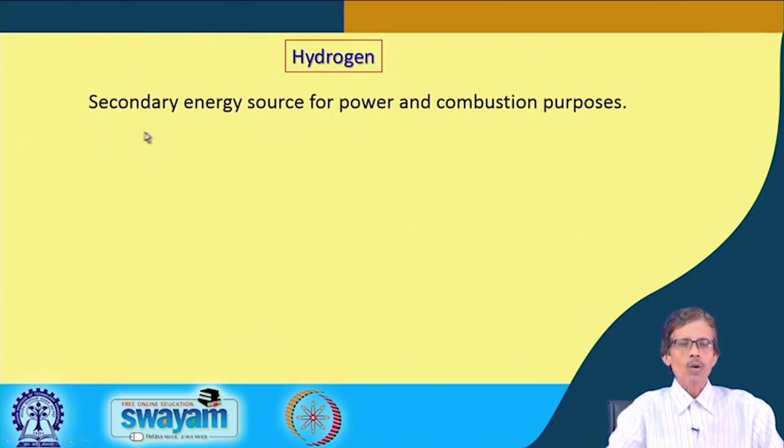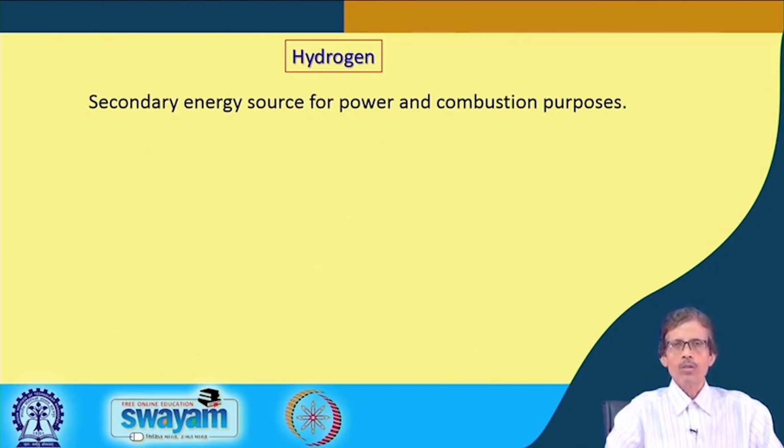So, we should always think of some secondary energy sources. One of the important secondary energy sources is solar energy, and hydrogen can be another alternative secondary energy source if we have some technique where hydrogen can be obtained very easily, rather in a cheaper way.